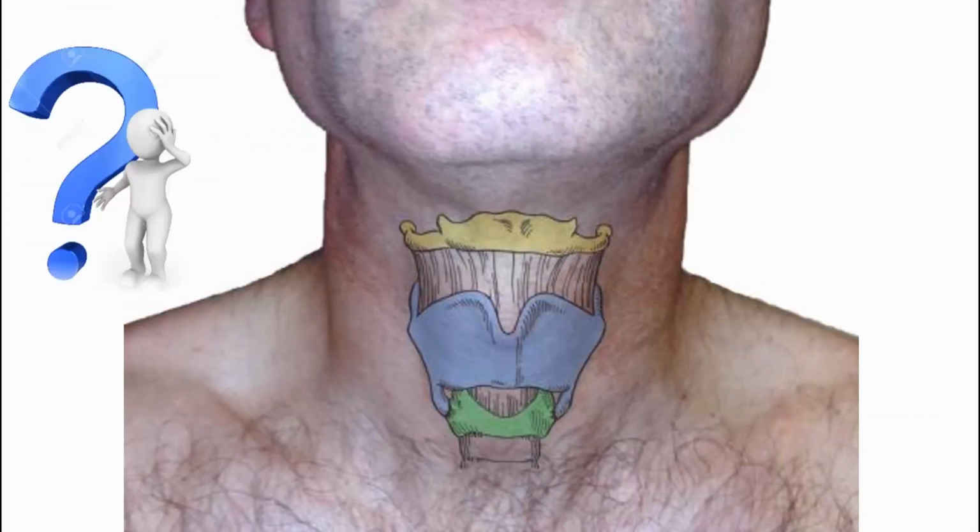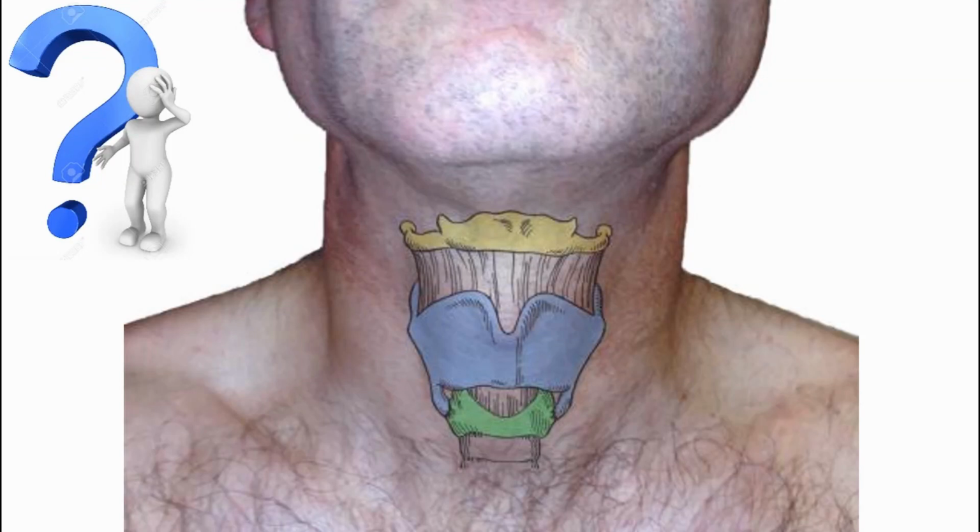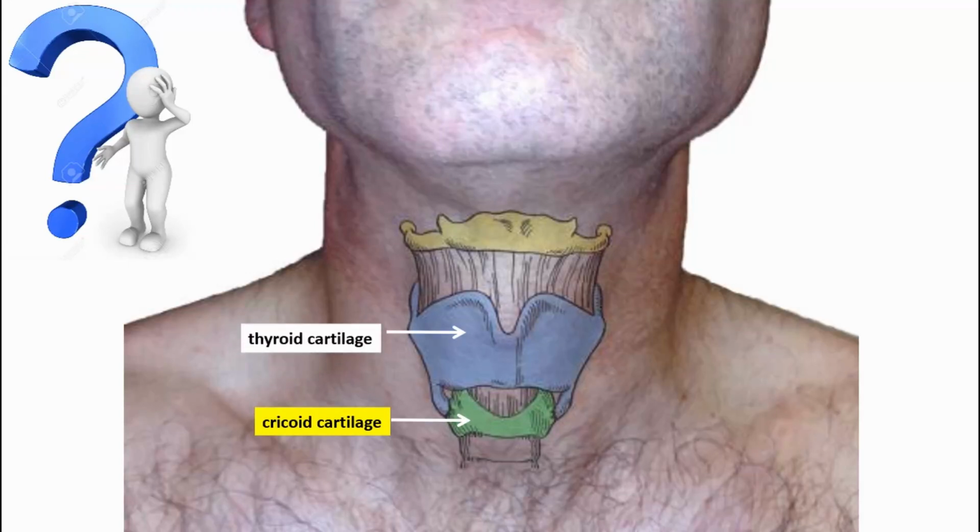This is a frontal view of the neck, where we can see that the base of the larynx is a cartilage, a complete ring of cartilage called the cricoid cartilage. And then superior to the cricoid and articulating with the cricoid is the thyroid cartilage.